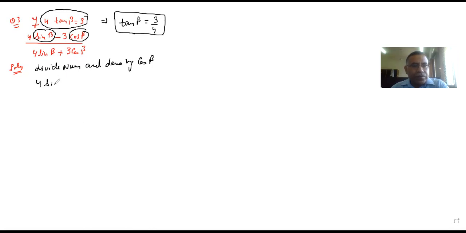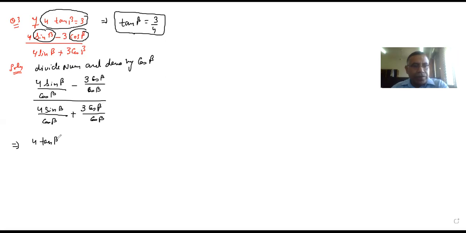This is 4 sine beta upon cos beta minus 3 cos beta upon cos beta, divided by 4 sine beta upon cos beta plus 3 cos beta upon cos beta, which implies 4 tan beta minus 3, as cos beta and cos beta cancel, divided by 4 tan beta plus 3, as cos beta and cos beta cancel.